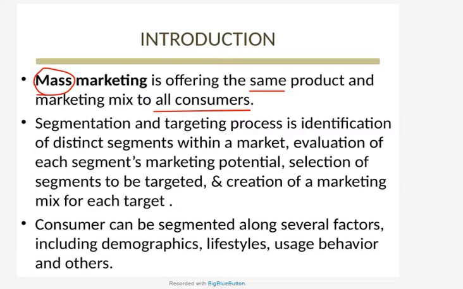So it is using an undifferentiated strategy for one of its products, and it can use another targeting strategy for other products like Coca-Cola Zero or Coca-Cola Diet. This is targeting only people who are looking for maybe low calories and watching their weight. Are you following me, guys? Mass marketing is providing the same product to all customers.